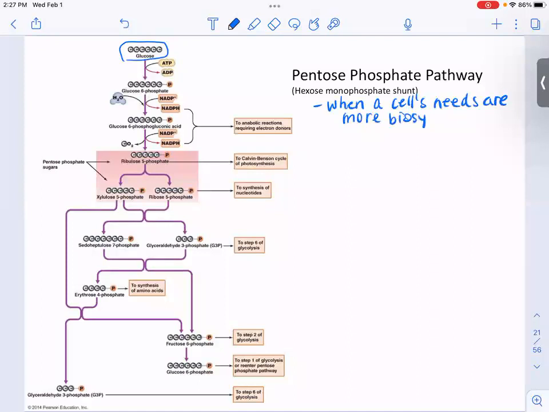So they need to make cellular structures rather than needing energy. Okay. And again, they can be doing pentose phosphate at the same time as their Entner-Doudoroff or at the same time as Embden-Meyerhof glycolysis, whichever it is that they do.